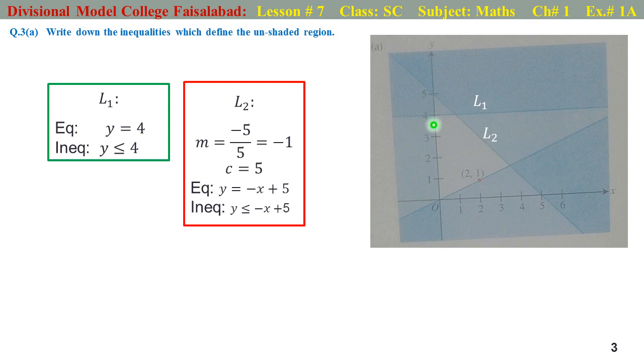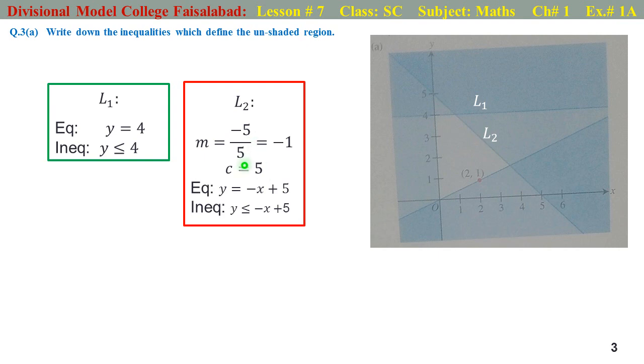When we move downward and then to the right side, our rise is negative, which is -5, and our run is positive, which is +5. So its gradient is -5/5, which is equal to -1, and the y-intercept of this line is 5. C is equal to 5.